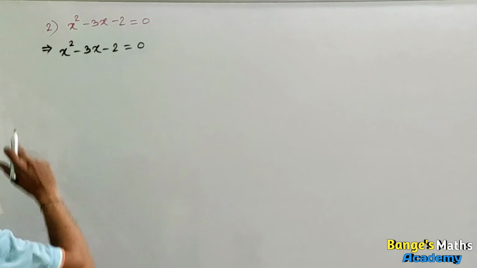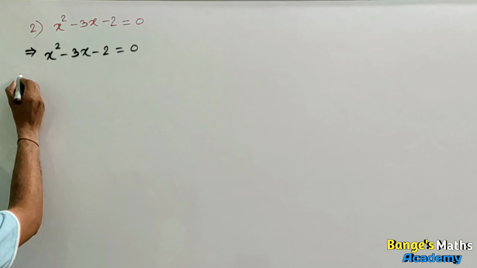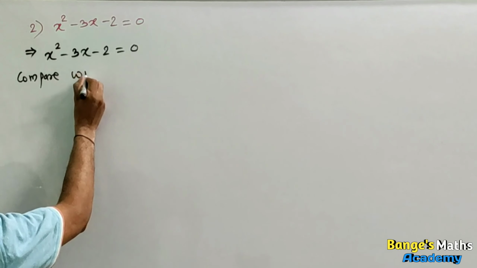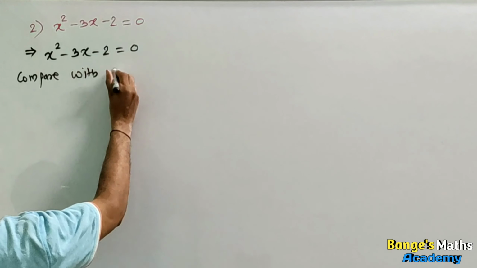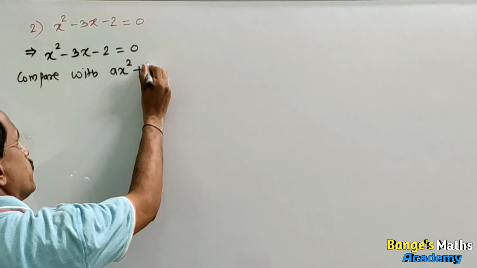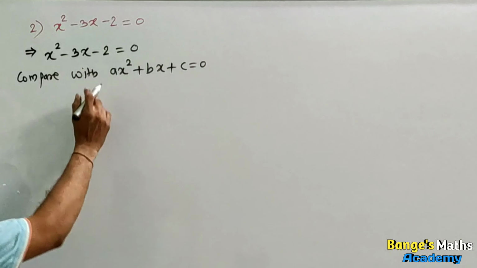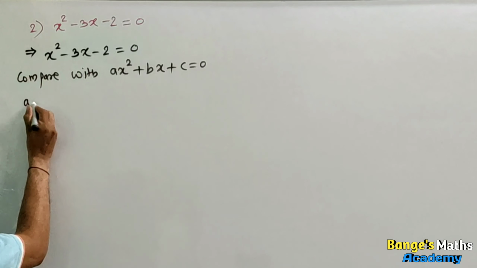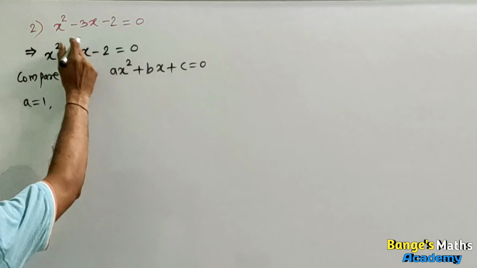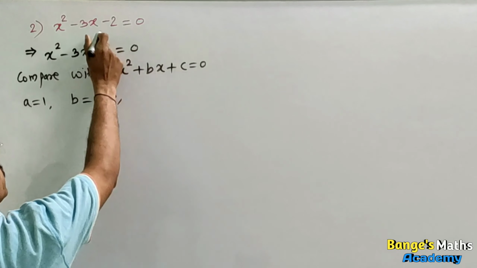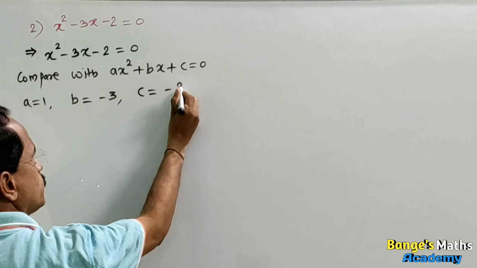So the given equation is in the form, compare with ax square plus bx plus c is equal to 0. Value of a is 1, value of b is minus 3, value of c is minus 2.